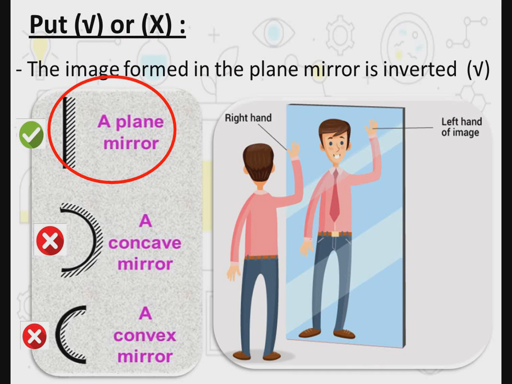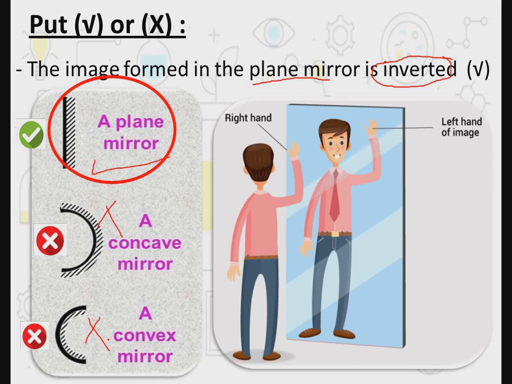Choose true or false. The image formed in the plane mirror is inverted. So what is the meaning of plane mirror and what is the meaning of inverted? Plane mirror means it's a flat surface and not curved.